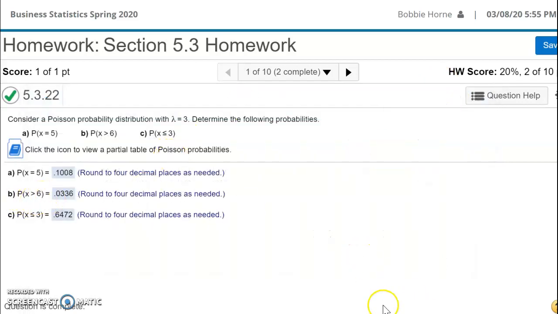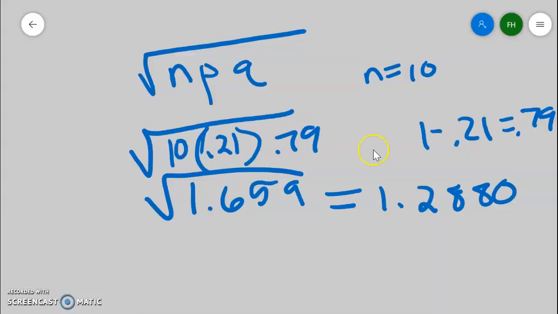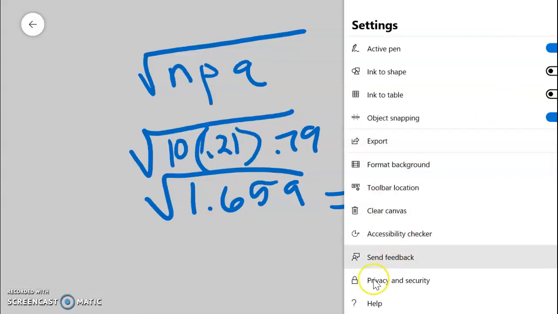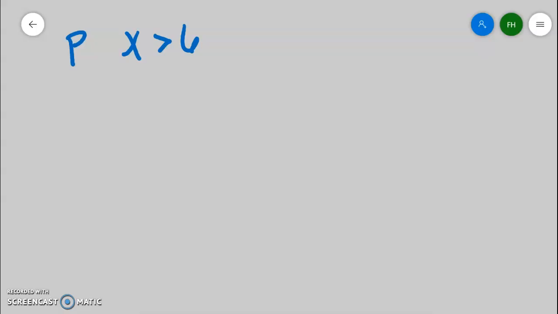And then for x greater than 6, when you pull up your table. Now, the way that you want to do the probability of something greater than with Poisson is you have to use the complement rule. So if we want the probability of x greater than 6, we make sure it says 6, yeah. So what you have to do is use the complement to that. You have to say 1 minus the probabilities that we don't want included, because greater than 6 is 7 to infinity.